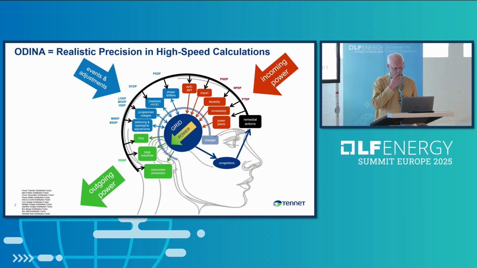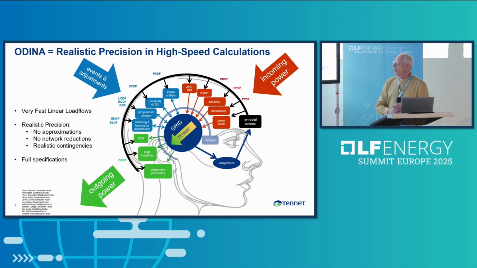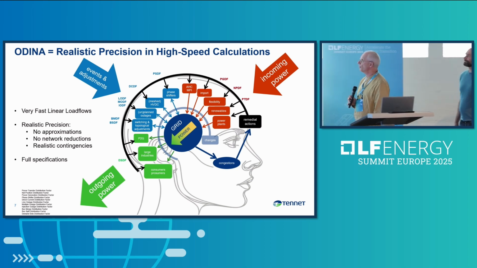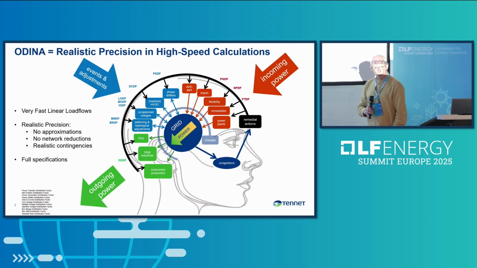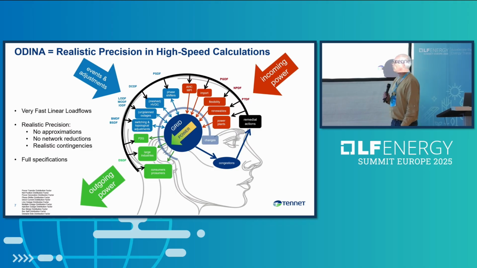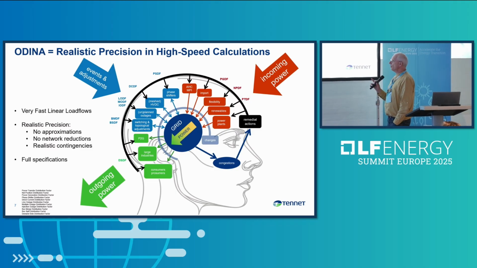I think the unique selling point that we have is this blazingly fast linear calculations and linear optimizations. And that brings me to what we mean by realistic precision. It's really fast linear load flows, but why do we call it realistic precision? Because we know that we make a linearization error. But these calculations deliver exactly the same results as when you would do a DC calculation in, for instance, PowerFactory. PowerFactory is for us still the golden standard.